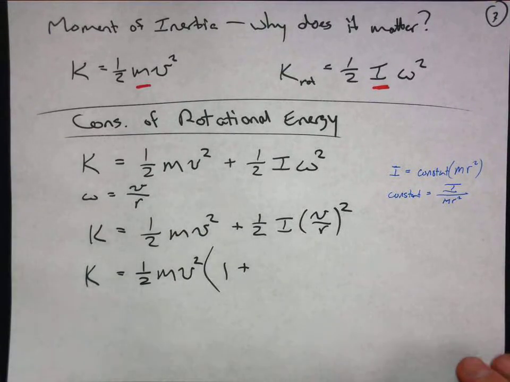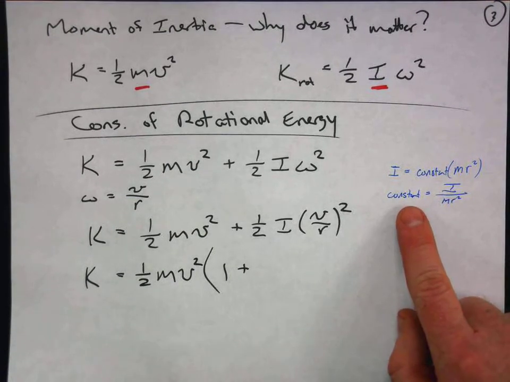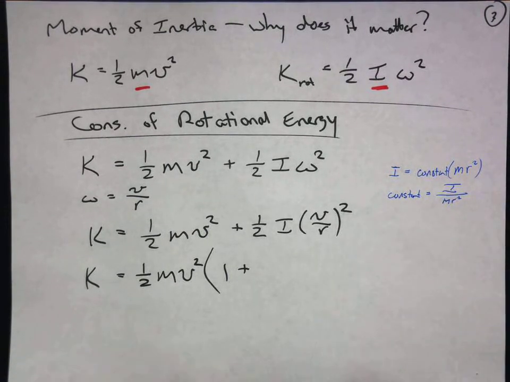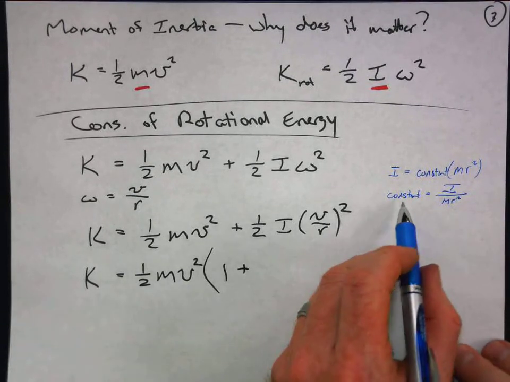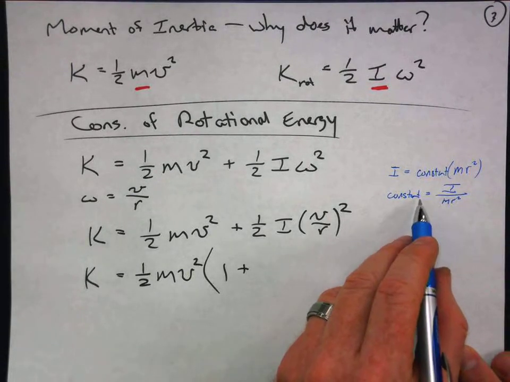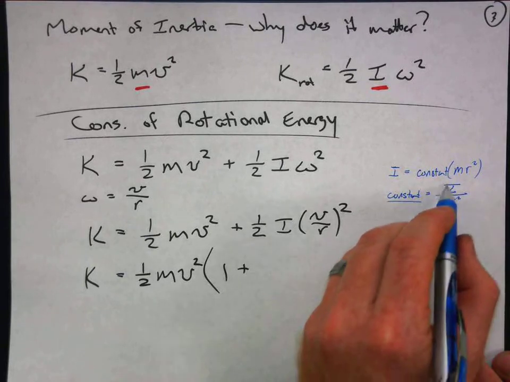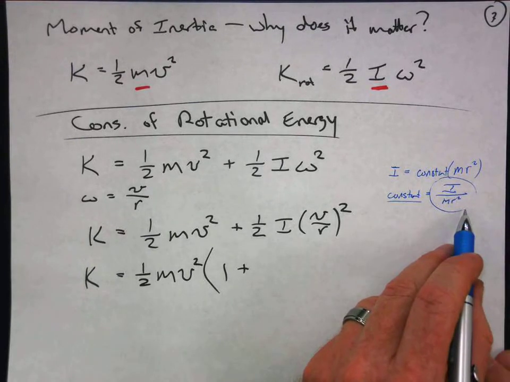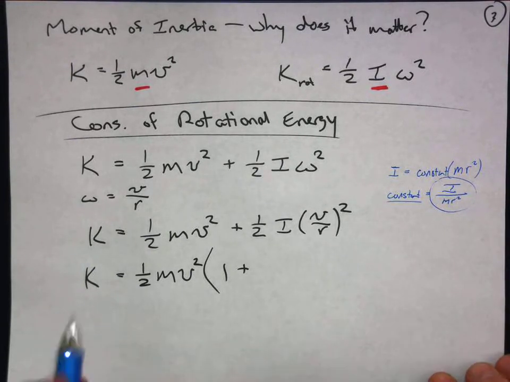Now I won't know what that constant is. That constant changes from one type of shape to another, so I really can't use that. But listen, the way I've done this is, instead of having to know that, I can simply work with this. That constant depends on the distribution of mass, right?